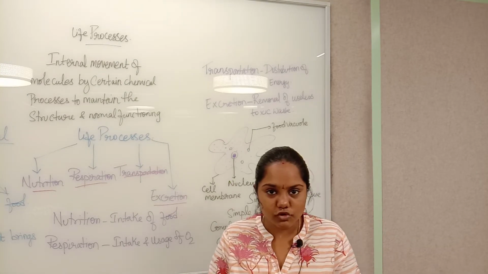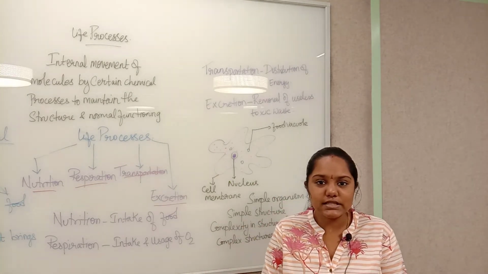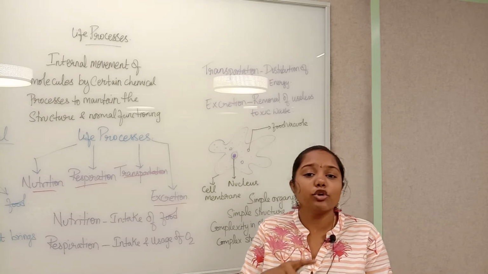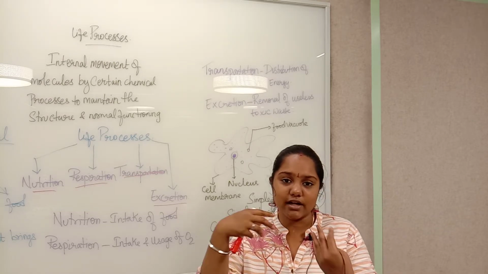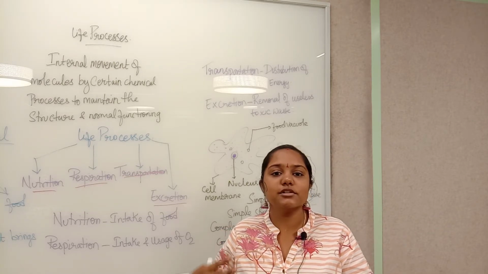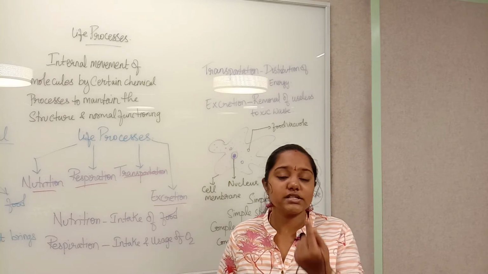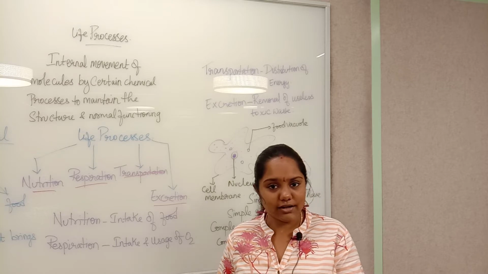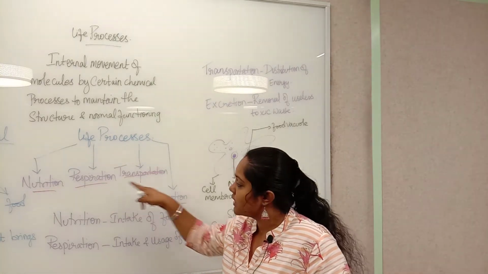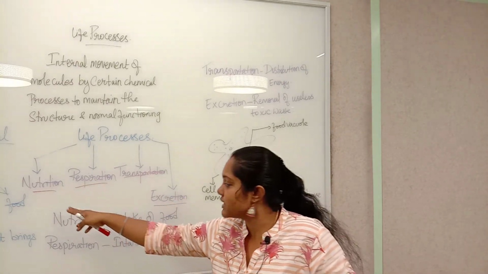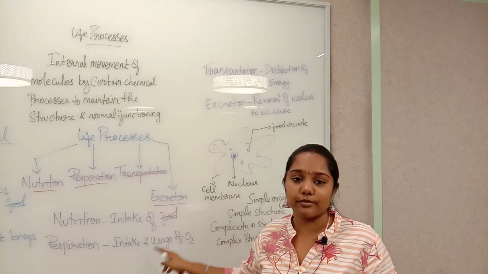Microorganisms are microscopic in nature, cannot be seen with the naked eye, and they do not have specialized structures like we humans or animals or plants have. They are just one cell bodies. Most of them are just one cell bodies. It's a good question to ask how those microorganisms are performing all the four processes.